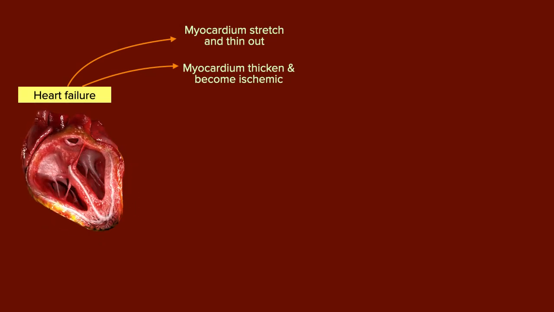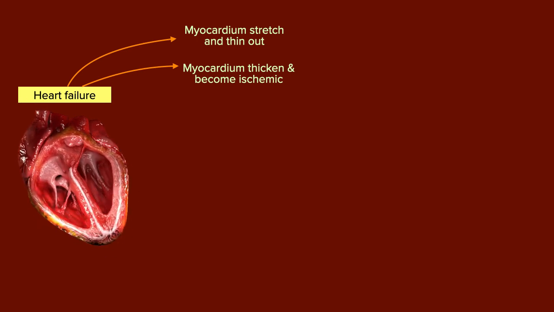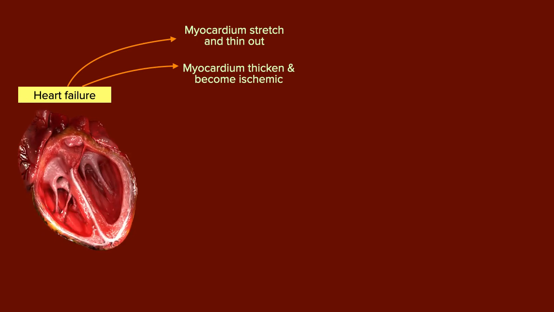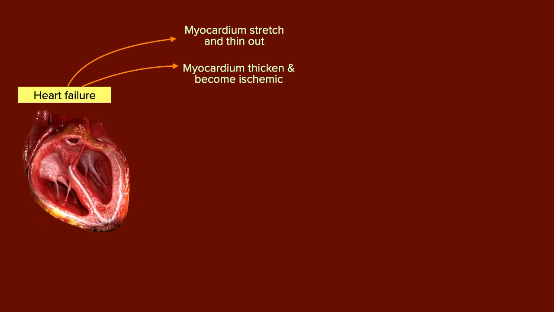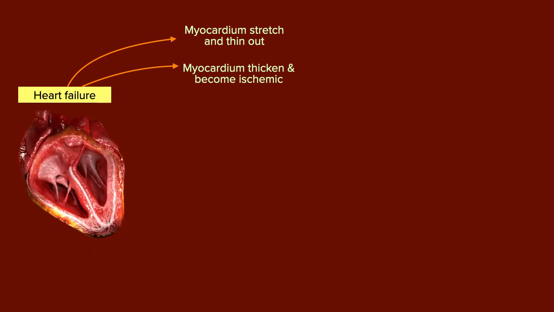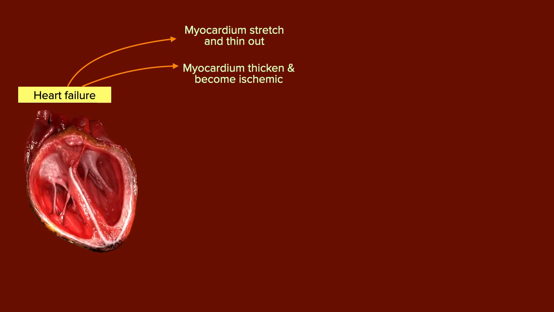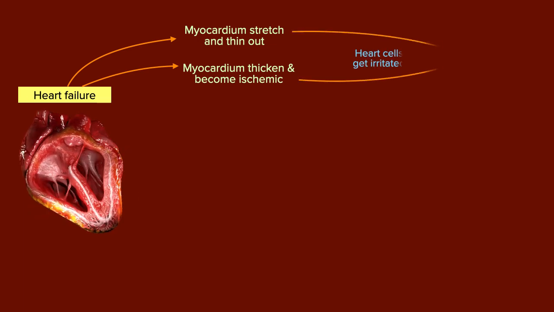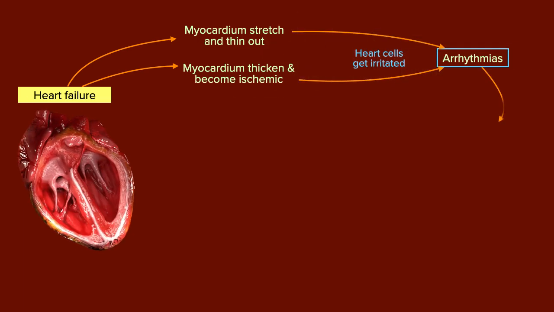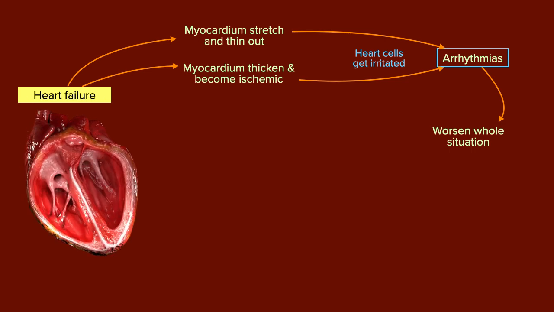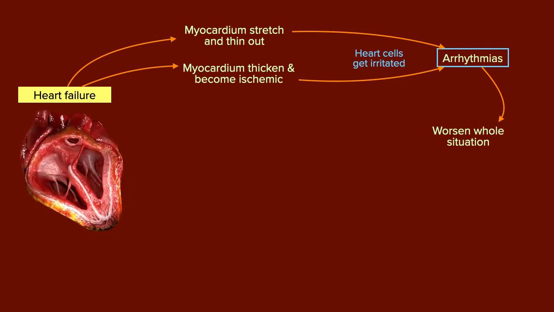All right, so with heart failure, we saw that sometimes the muscle wall can stretch and thin out, or sometimes it can thicken and become ischemic. In other cases, heart cells get irritated, and this can lead to heart arrhythmias.